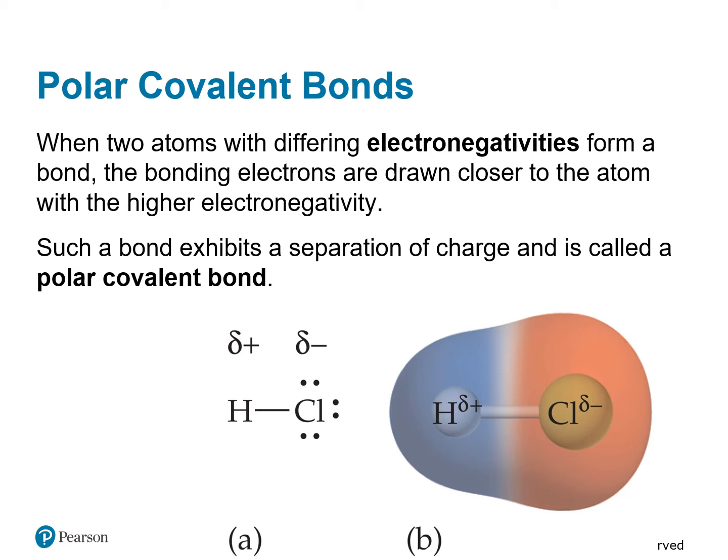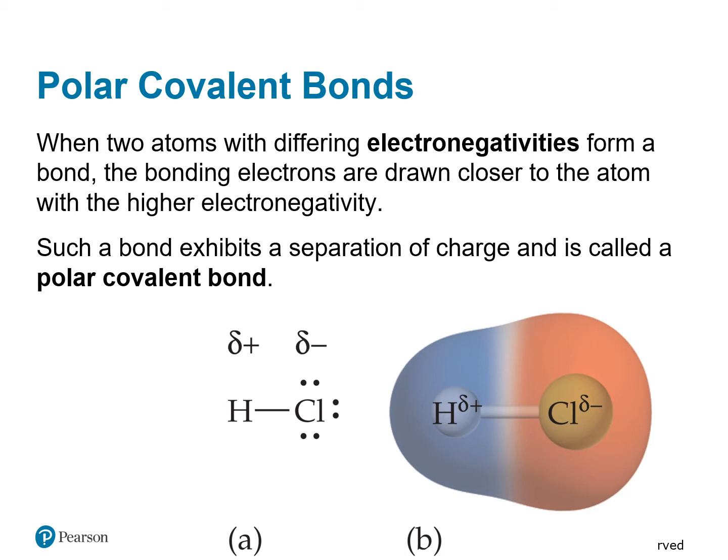Chlorine was sitting right below fluorine, so it has an electronegativity of about 3. From those numbers you can say that there is a huge difference in the electronegativity. And as we defined that term, we learned that it's the ability to attract electrons in a molecule.